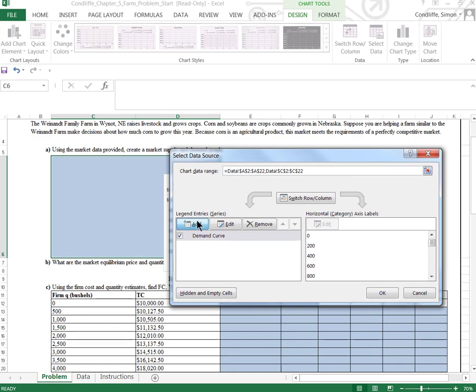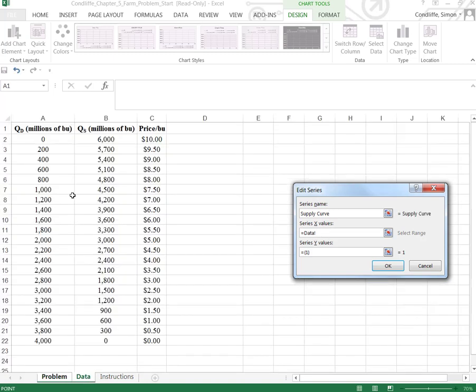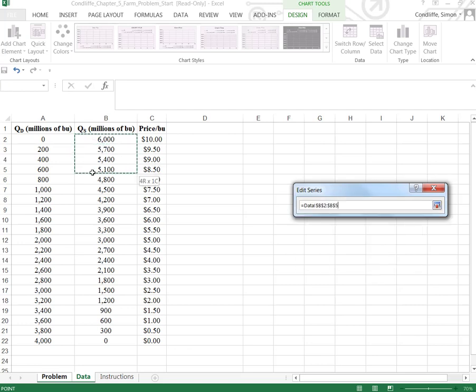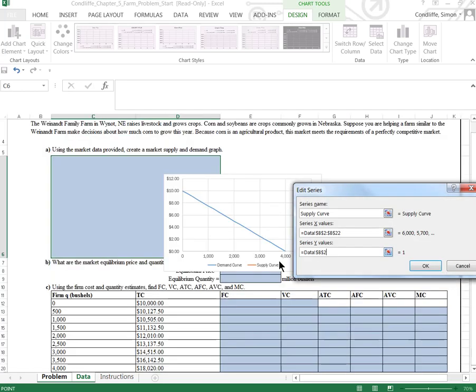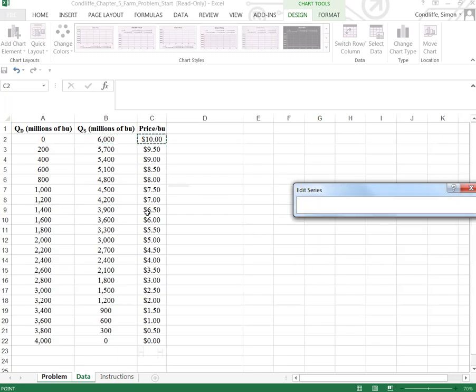Now let's add supply. So supply curve, let's have quantity supplied. And we'll have the price.